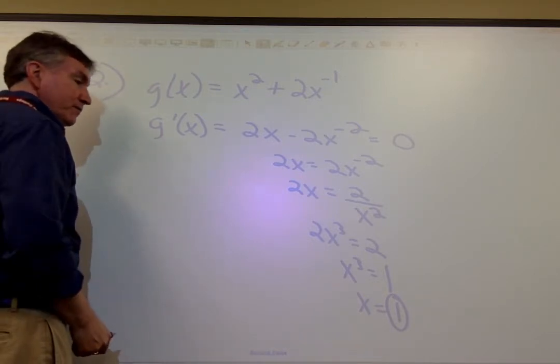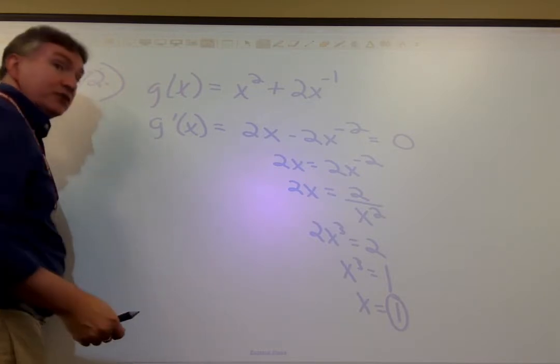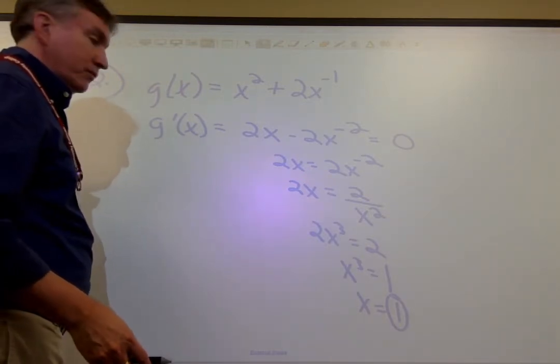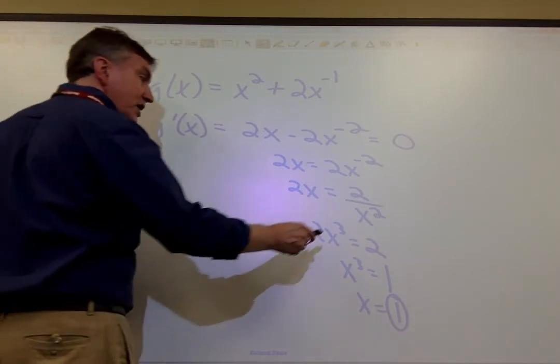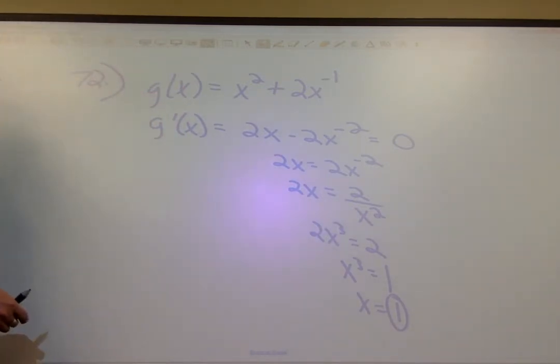Right? Say that again. It could be, yeah. We would have to say, if the first derivative was undefined, it could change. So we might need to test 0 to see if 0 might be or might not be.